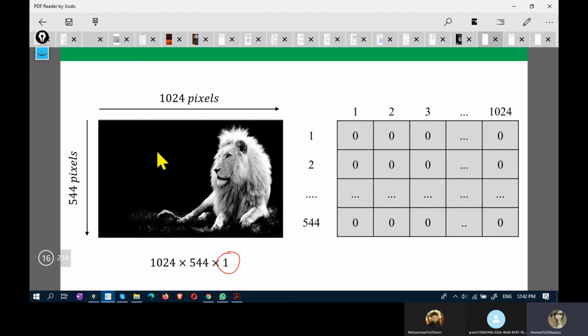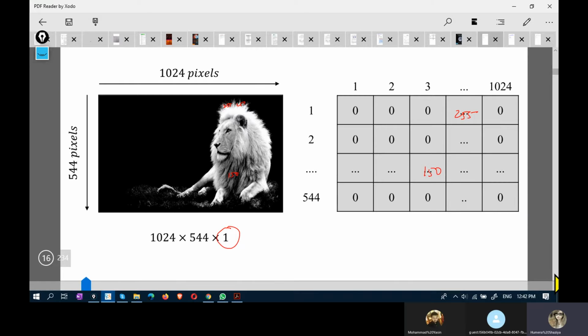Here you will have 255. And look here, this is a gray shade, not white and not black. This might be 150. So you will have somewhere 150 and here 255 for this black and white image.